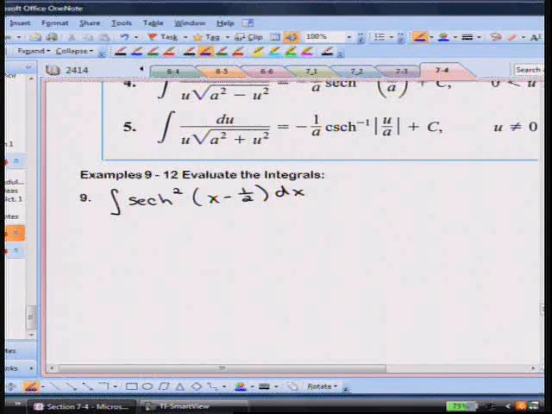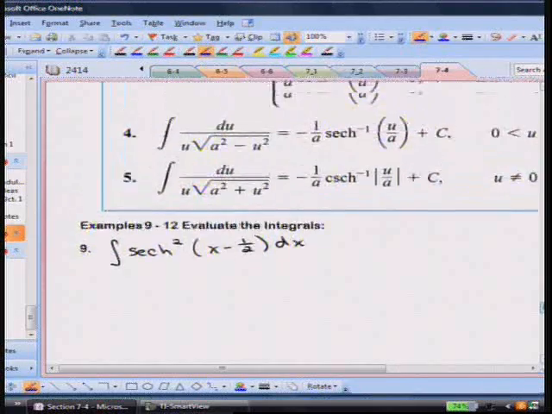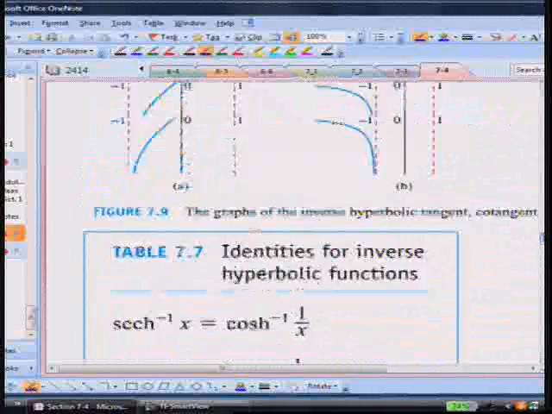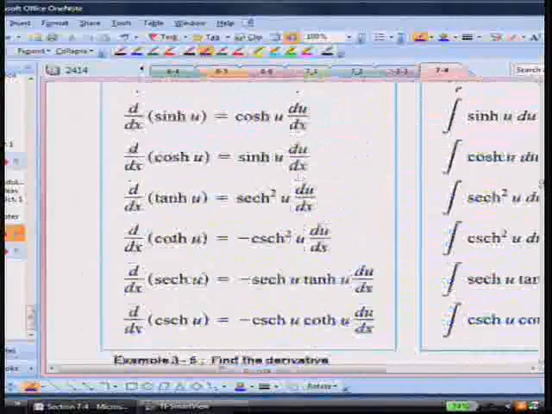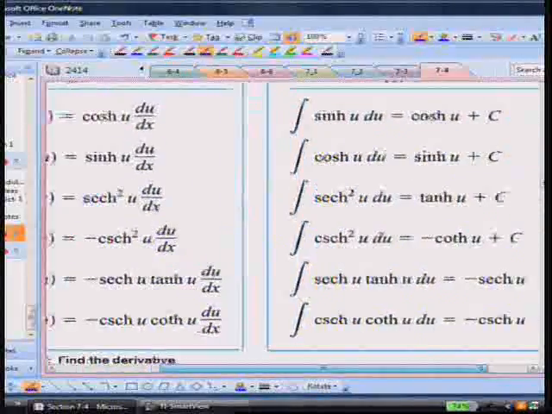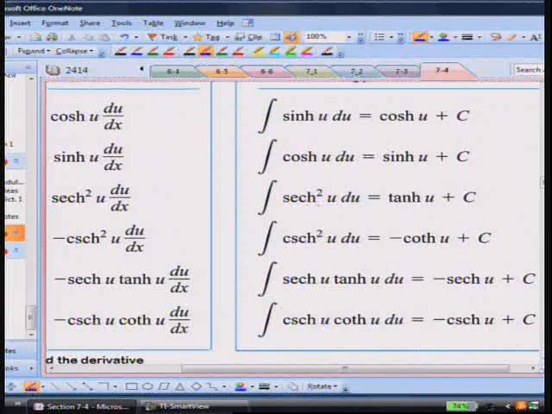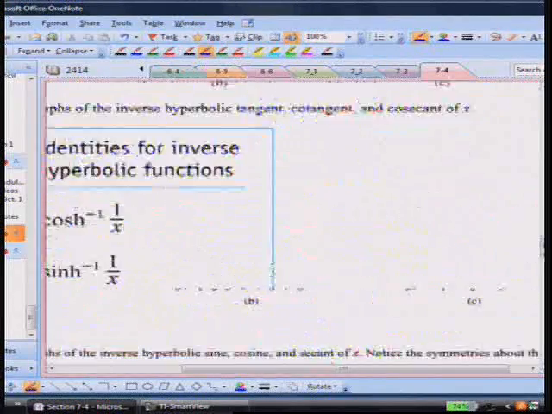The hyperbolic secant squared of x minus 1/2. Okay, so you have to look and see if you have an integral that will help you with that. And if you come up here to these ones, you will see that the integral of the hyperbolic secant squared is the hyperbolic tangent.